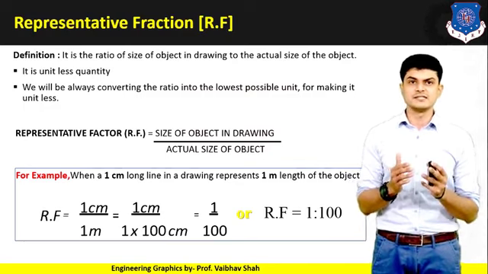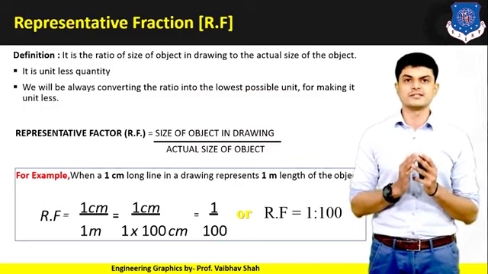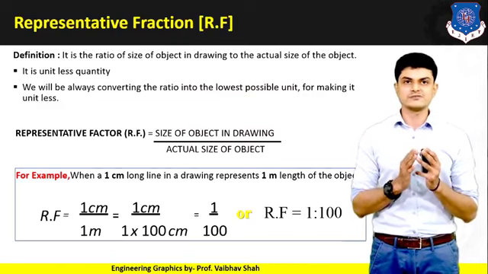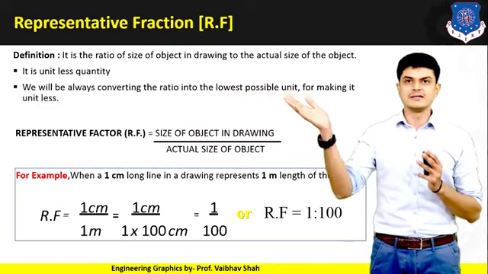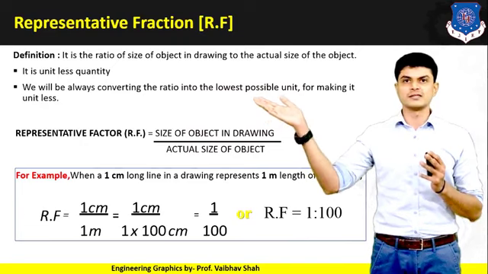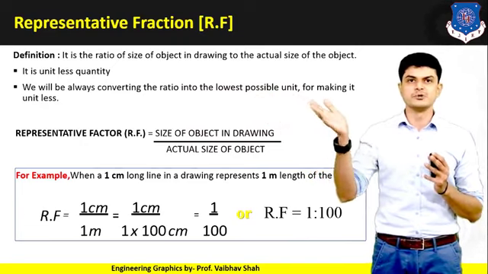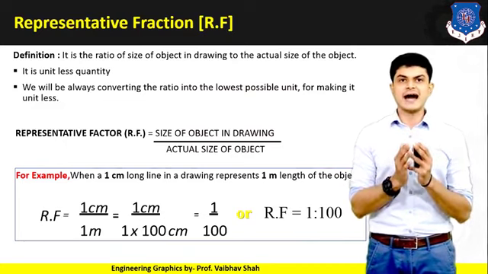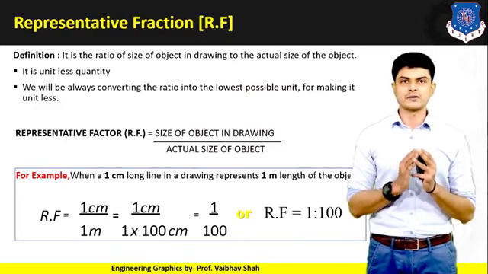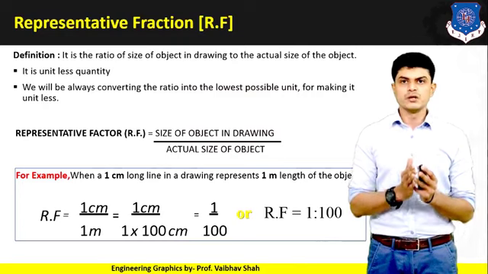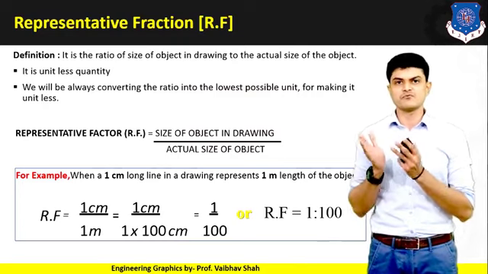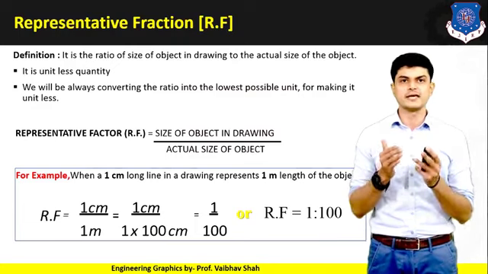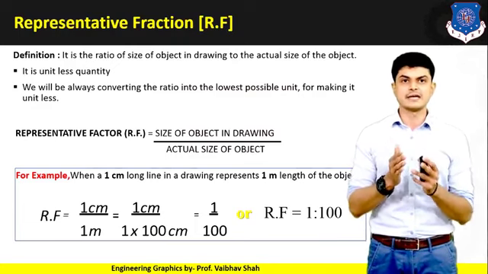Now, as we can see, there are two different units in this equation: one is centimeter and another is meter. As we said earlier, we will always convert the ratio into the lowest possible unit for making it unitless. So now we need to make this RF a unitless quantity. For that, we convert the meter into the lowest possible unit, in our case centimeter.